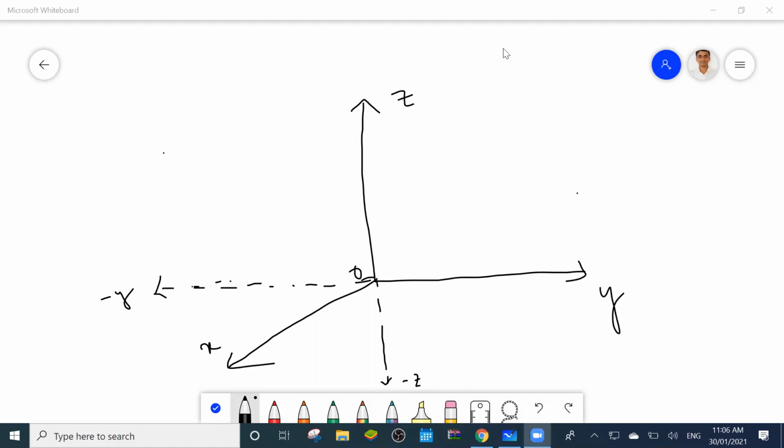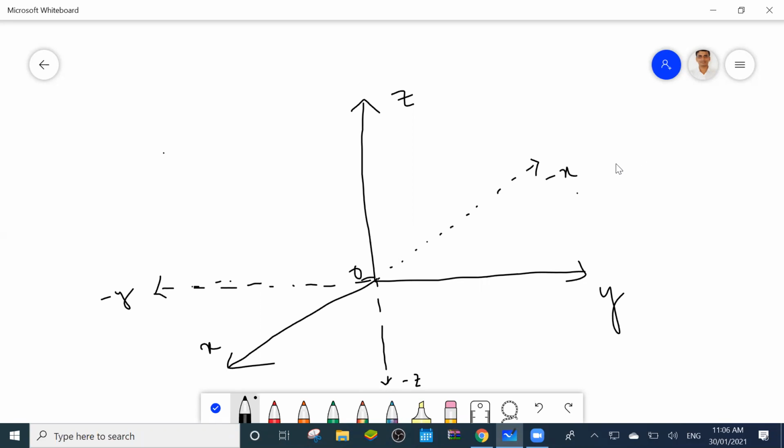Are you able to see my screen? Yes, sir. Okay. So negative of z is this side, and negative of x, we cannot see, so this side will be the minus x.